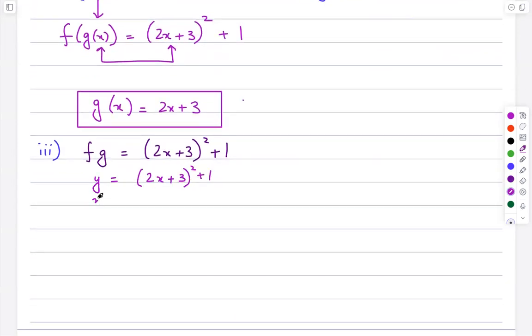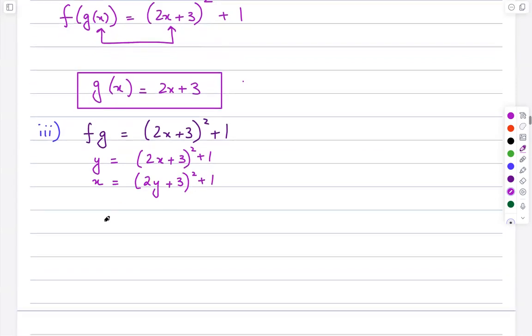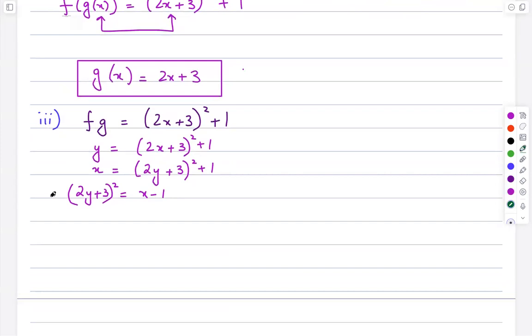Now exchanging the values of x and y, this will be x equals (2y plus 3) whole squared plus 1. Taking 1 to the left-hand side, we get (2y plus 3) whole squared equals x minus 1. Now taking the square root on both sides, this will become 2y plus 3 equals the square root of x minus 1.